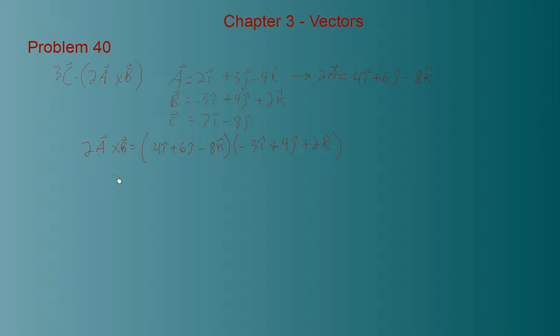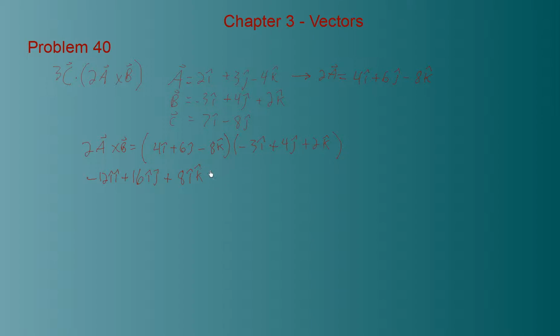So let's just do it out. Are you ready? 4 times negative 3 is negative 12II, plus 16IJ. I just did this times this. 4I times 2 is plus 8IK. Now I'm going to do the 6J through all these, and I'm just going to write them out now.